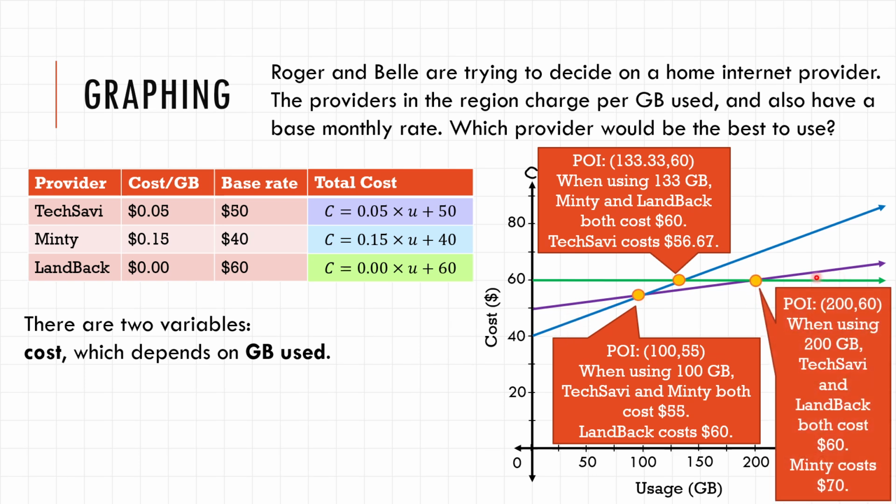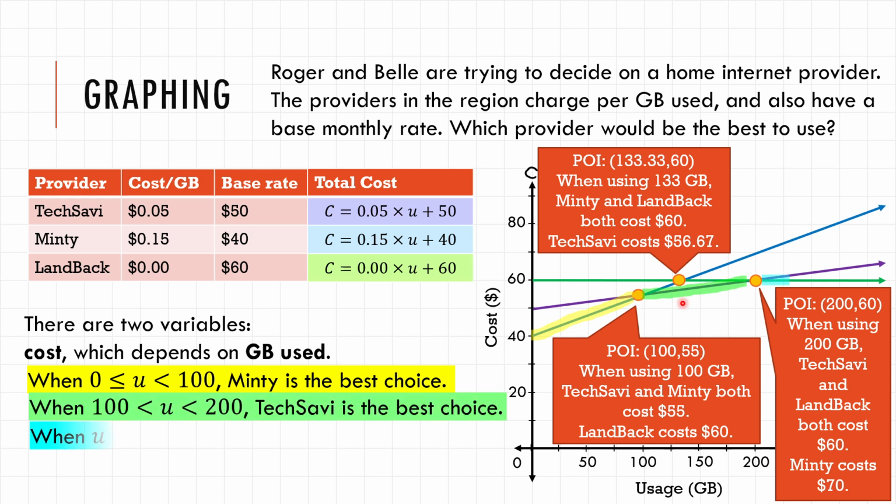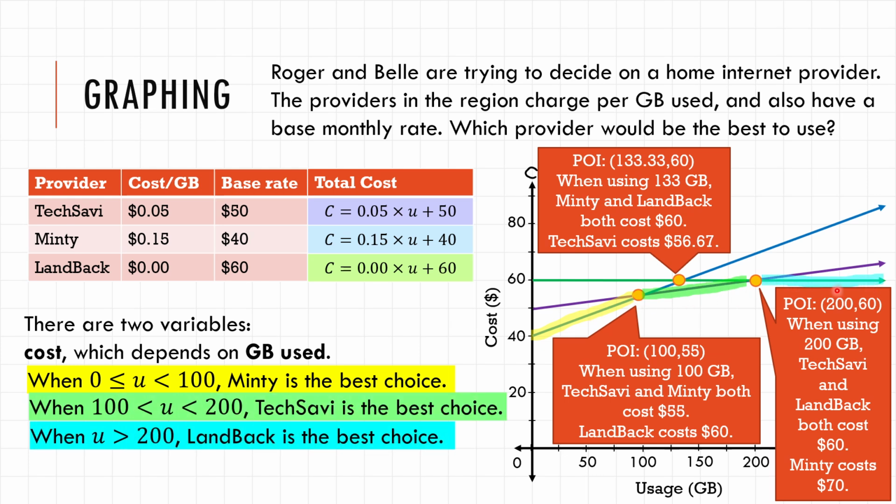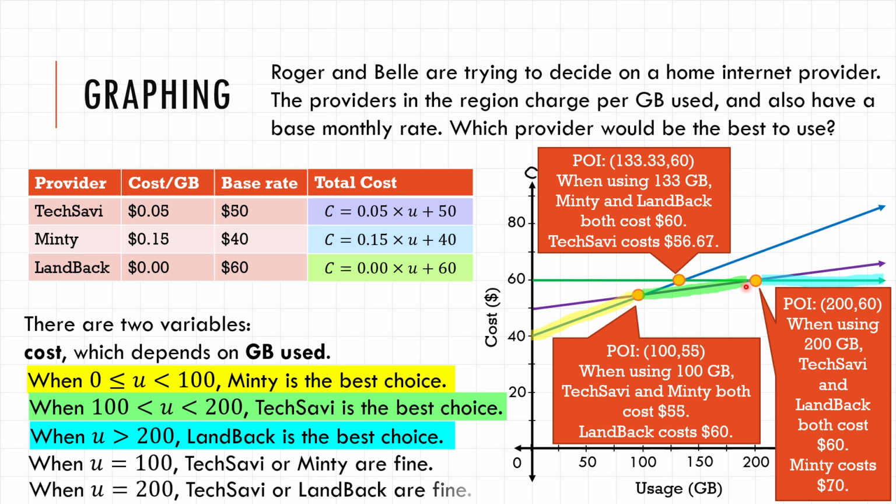And this can be interpreted to mean that when the independent variable, the x value, is between a certain interval, one of the lines might be lower than the other. And we see that happening in three different segments here. However, at the points of intersection, those two linear relations have the exact same output for that input.